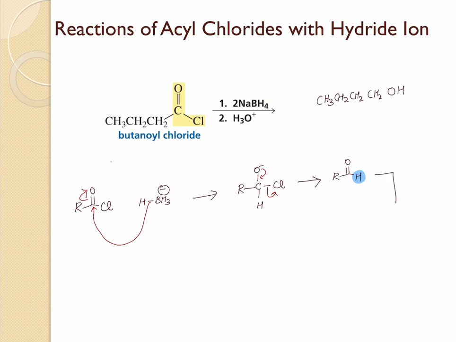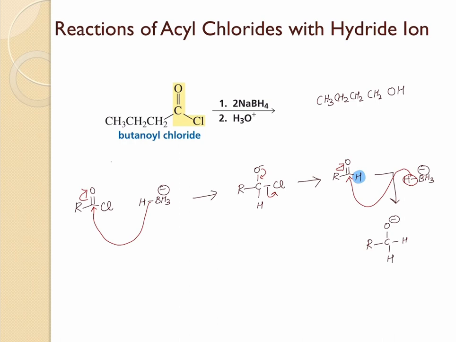And in the second step, it's going to react with the second equivalent of sodium borohydride, where the hydride is going to attack the carbonyl carbon and thrust these electrons again. It will result in an intermediate, but this time this intermediate doesn't have a leaving group, because these groups right here are strongly basic and they don't want to leave.